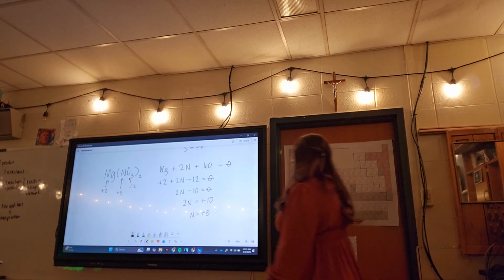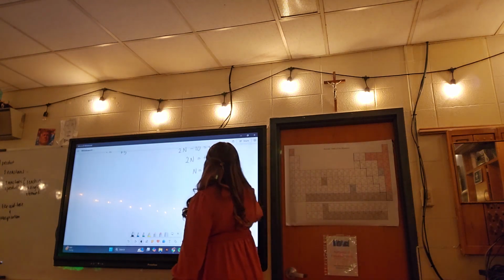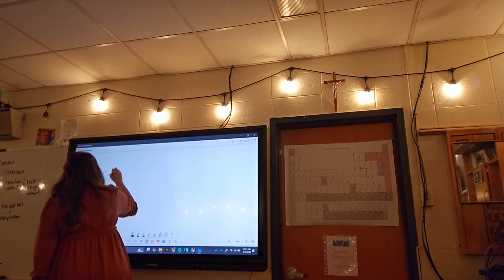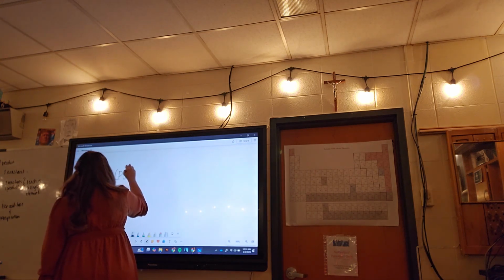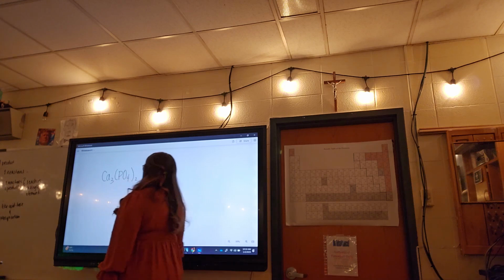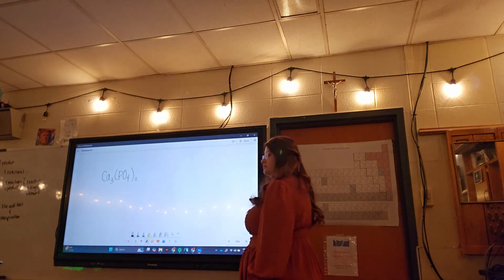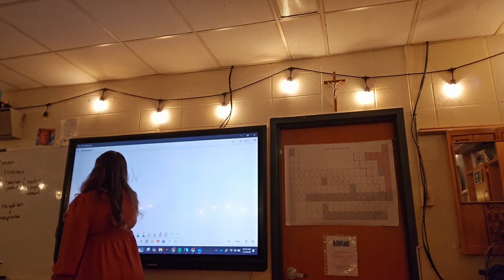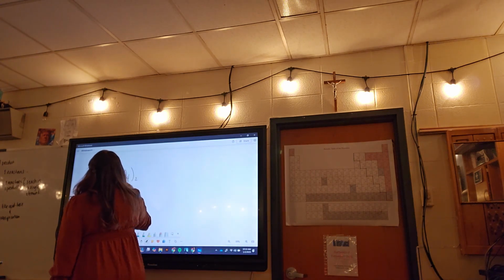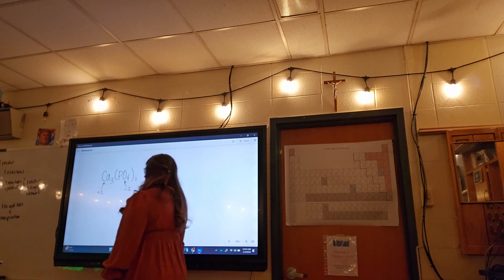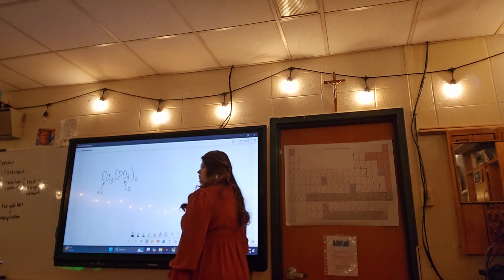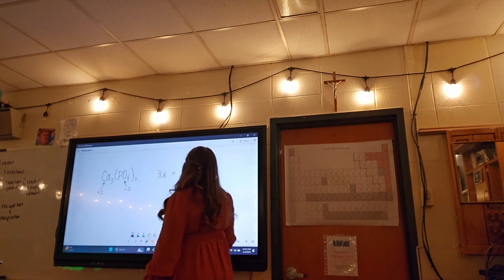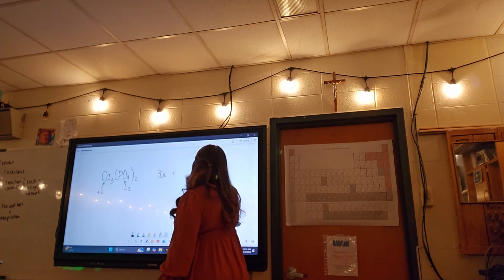All right, let's do something even more complicated. Okay, calcium still has its plus 2 oxidation number. Oxygen is still minus 2. And so now when we're writing our algebra, we'll have 3 calcium. How many phosphorus? Good.